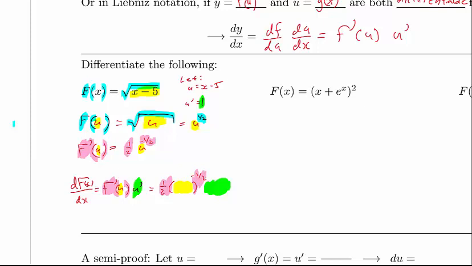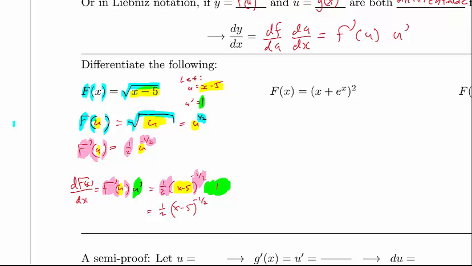There we are. Okay, so our u is simply x minus 5, right? Because that's how we're defining it. And then our green, that is simply 1. So we can write this as 1/2 x minus 5 to the negative 1/2 power.